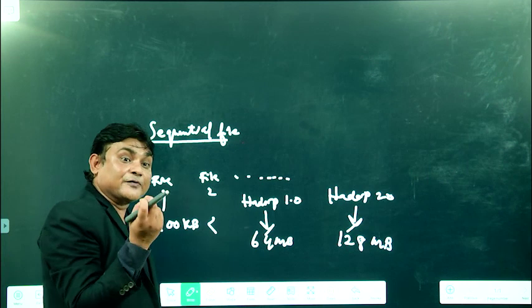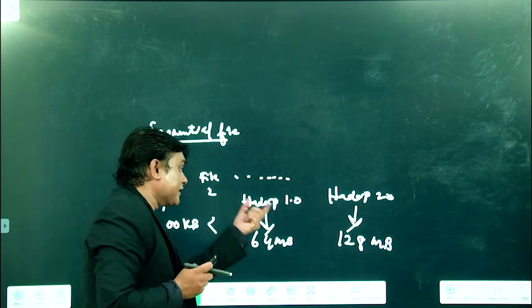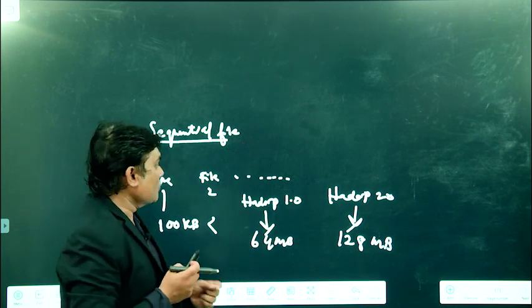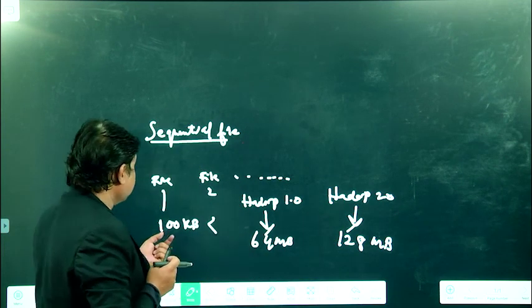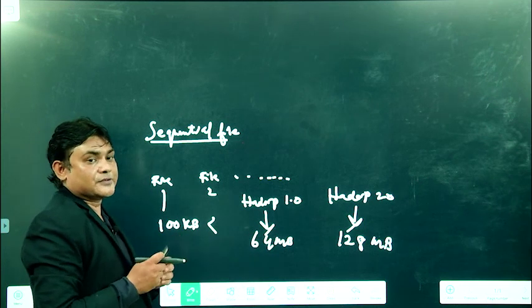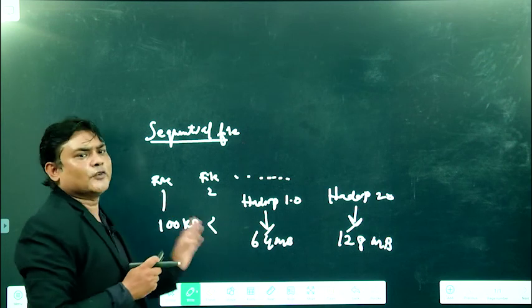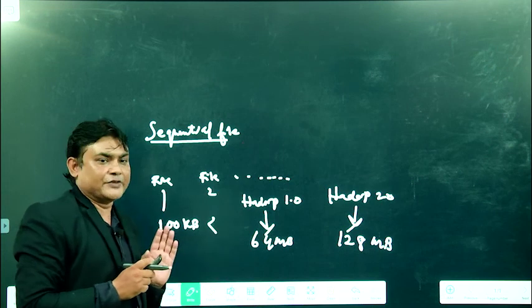Just imagine, this is the size of one block I am talking about. If you take Hadoop 1.0, you get 64 MB. If you take Hadoop 2.0, you get 128 MB. If your file size is less than the block size of HDFS, that is called a small file.